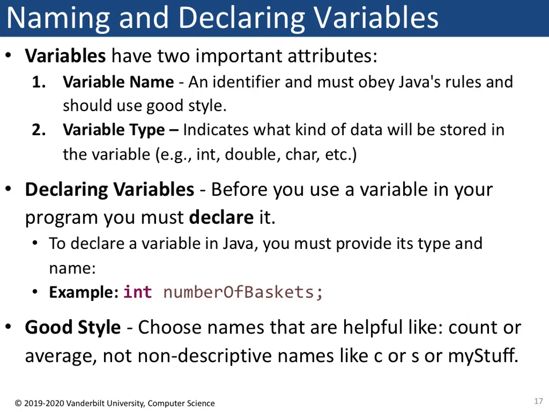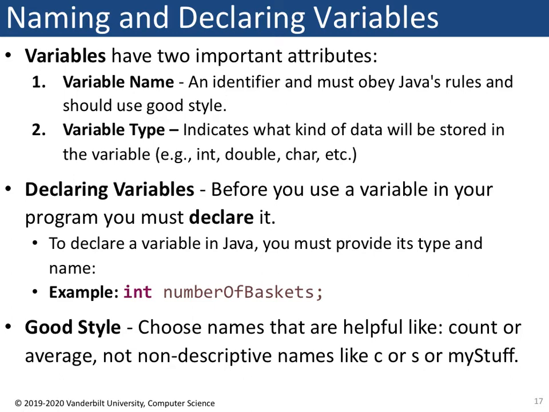To be able to use a variable, you have to declare it, and it must be declared before you use it. So to declare a variable in Java, you have to provide its type and name. An example of this declaration would be int numberOfBaskets. So that's a declaration, and you end the statement with a semicolon, as always.